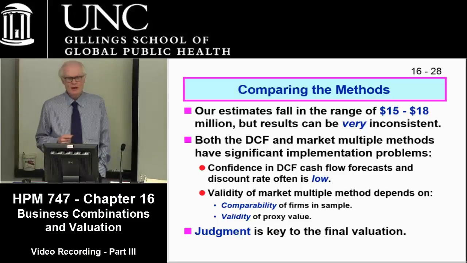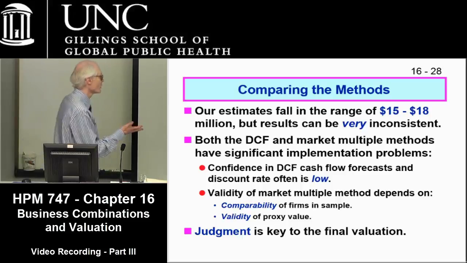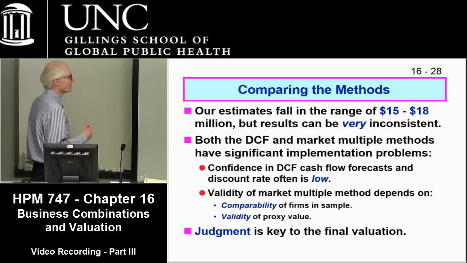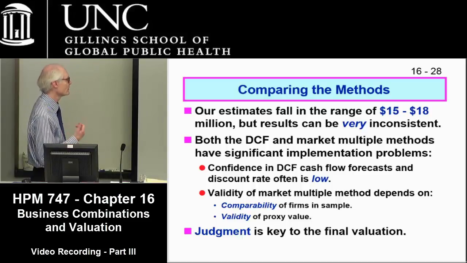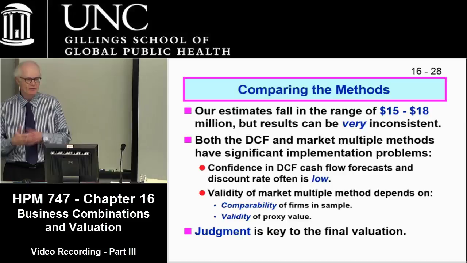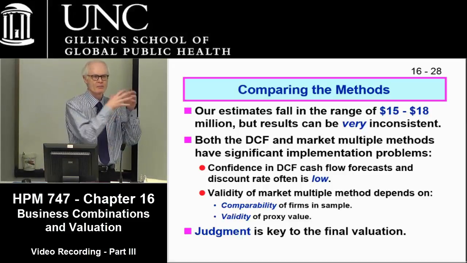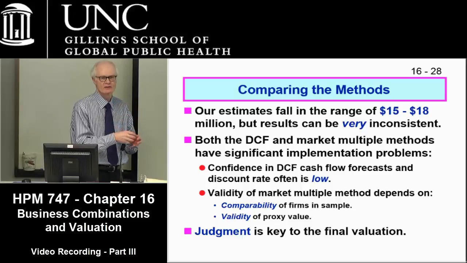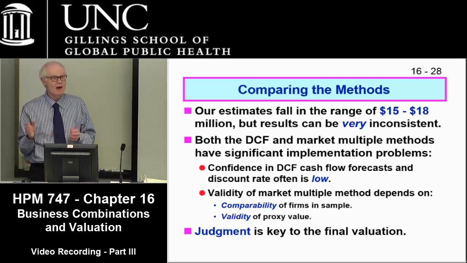So both these methods have problems and strengths. With discounted cash flow forecasts, you have to rely on estimates of the growth rates. There's a lot of uncertainty in the parameters that go into it. The market multiple method is perhaps based on more recent data, but you have to really wonder about whether the multiple we're using for our organization, which is based on data from other organizations, is appropriate.